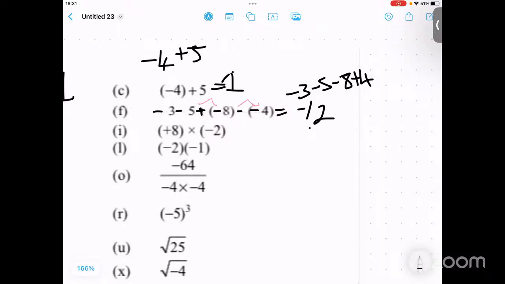Firstly, I think that this whole process is wrong because you must first start with the brackets. Brackets of, then minus, and which one? -8 and -4, then you get 12. And then after you did that, you go to the -3 -5, which will get you 2.